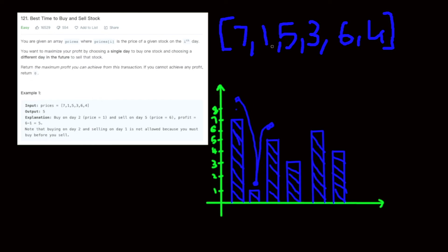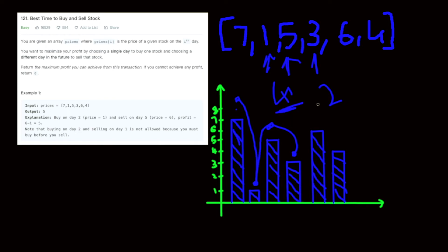So now when we buy on 1 and sell on 5, our profit is 4. If we go to the next day and sell it on 3, you'll end up with a profit of 2, while 4 is the previous profit that you had, so our max is still going to stay 4.